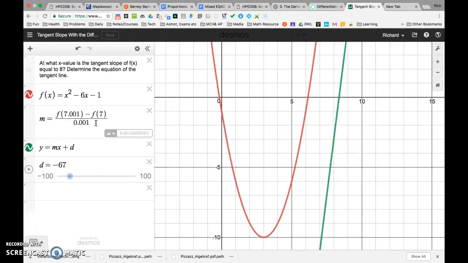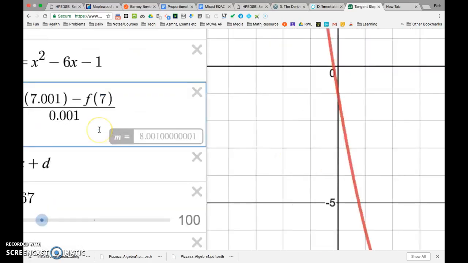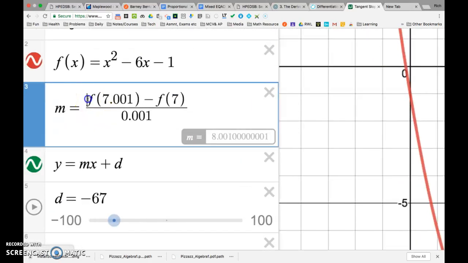So I'm doing this with Desmos, and I put this formula in right here because that's the slope formula, right? So this f at 7.001 minus f at 7 is the rise between x equals 7 and x equals 7.001. Since this is the slope between two points, it is an AROC, an average rate of change.